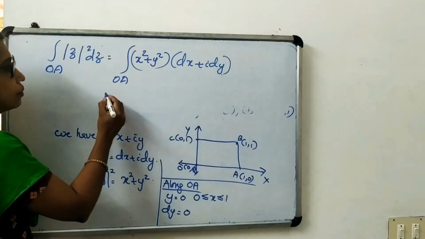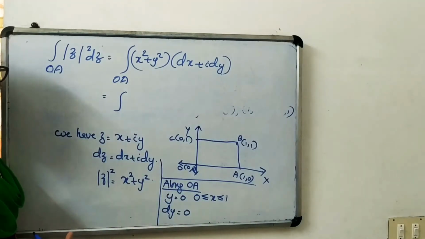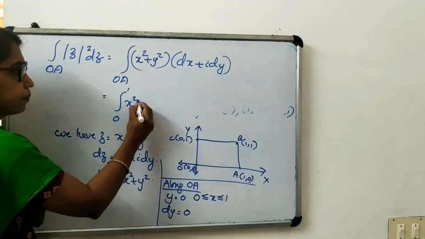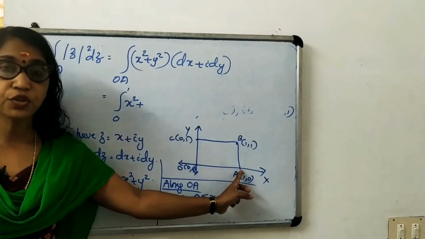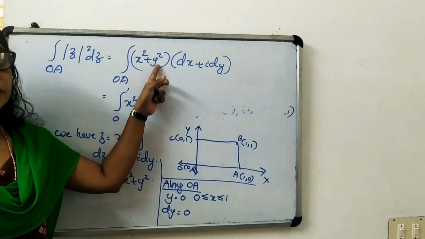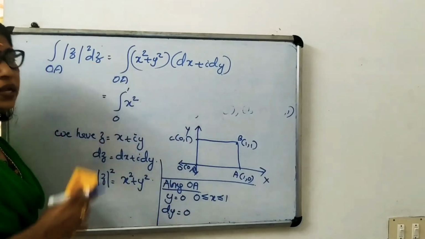Now this is equal to the integral where the limits of x are 0 to 1. So integral 0 to 1 of x square plus y square. Equation of OA is y equal to 0, so we put 0 for y square and simply get x square. Only x square is there.